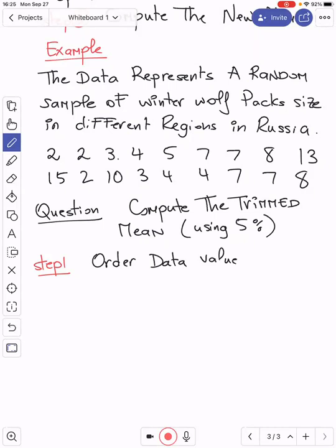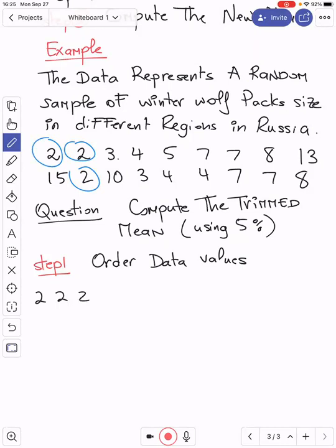The smallest data value, of course, would be 2, right? How many 2s do we have? We have 3 2s, right? I'm just going to use 1, 2, 3. So we have 3 2s.